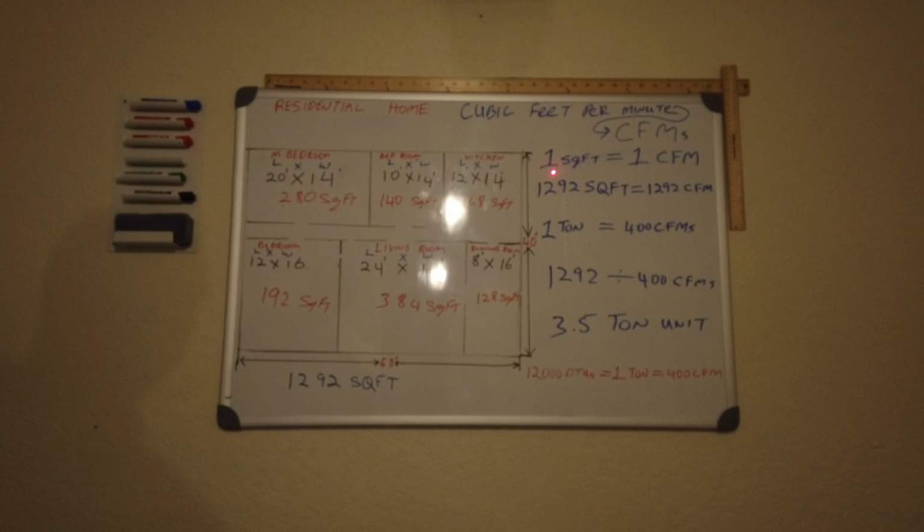For every 1 square foot, you need 1 CFM. So for your bedroom here, for your heating and cooling needs, you got 280 square feet, you need 280 CFMs. All right, guys, hope you're clear with that. For every 1 square foot, you need 1 CFM. That's the formula. So we got 1,292 square feet, so we need 1,292 CFMs to satisfy this space.